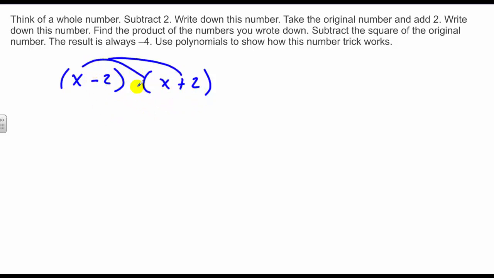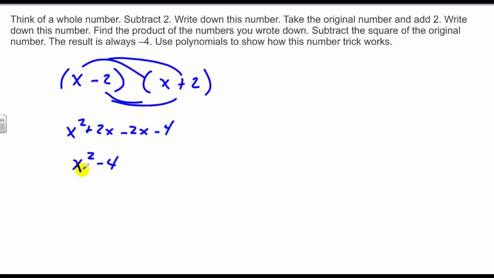So let's go ahead and FOIL that. X squared plus 2x minus 2x minus 4, which gives me x squared minus 4, since the 2x and negative 2x go away.